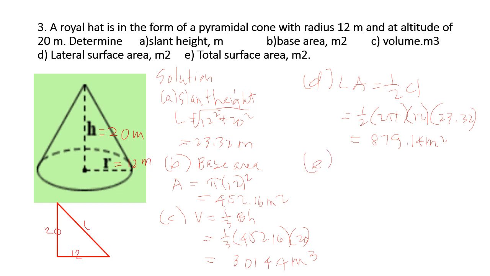So the last one is the total surface area equals 879.14 plus 452.16, equivalent to 1331.35.